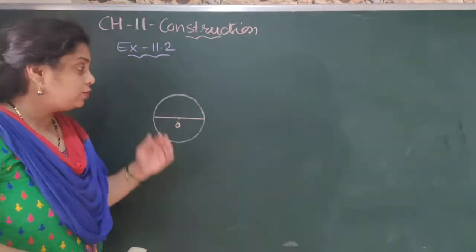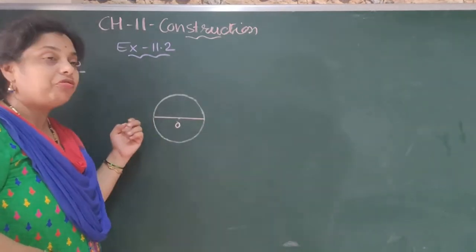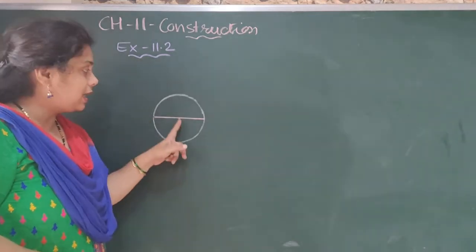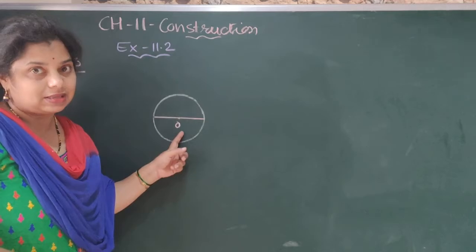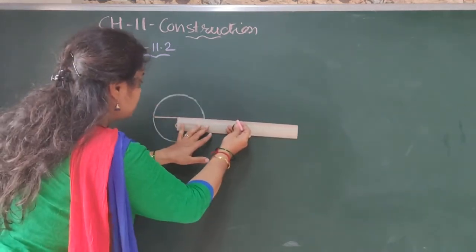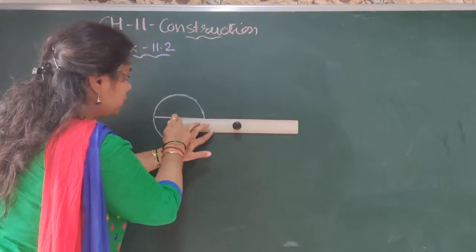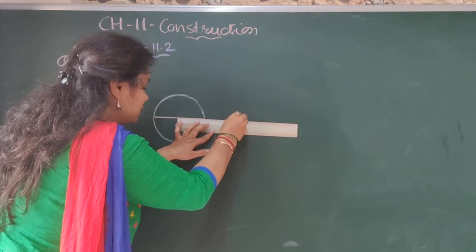Now they are asking to take a point on both extremes of the diameter such that the distance is 7 centimeter each from the center. So I have to take 7 centimeter, put 0 at the center and mark at 7 centimeter.